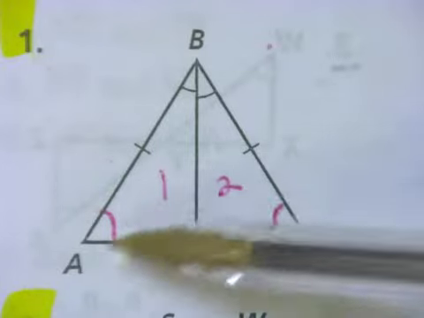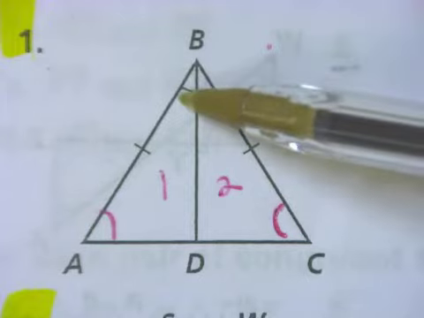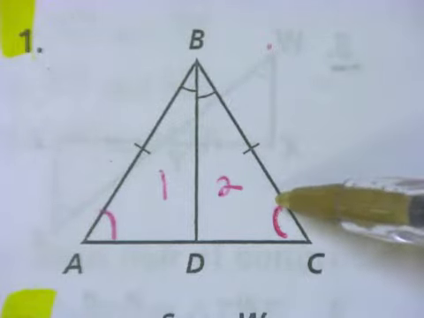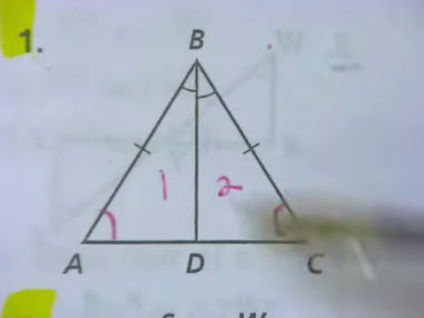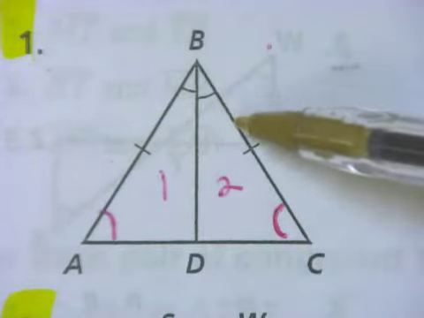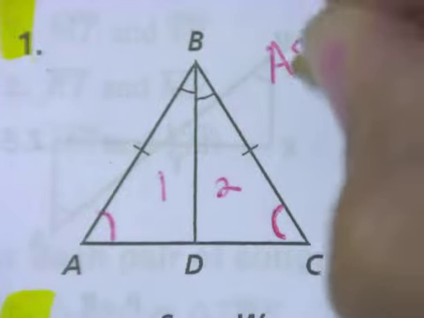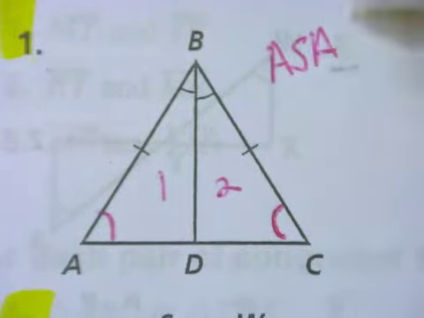Well, if these two base angles are congruent, and this side is congruent to this side, and this angle is congruent to this angle, well then I can say that triangles 1 and 2 are congruent via the angle side angle rule. Okay? The angle side angle rule.